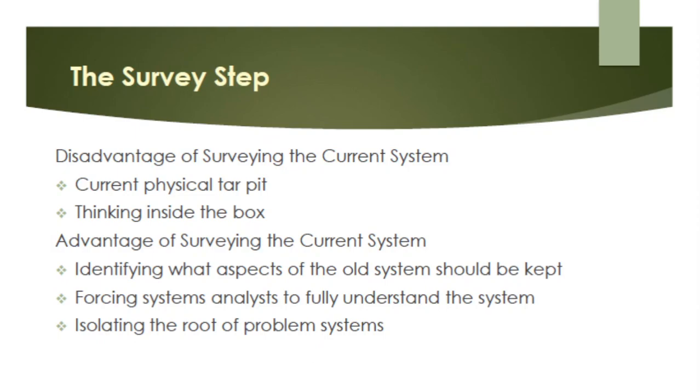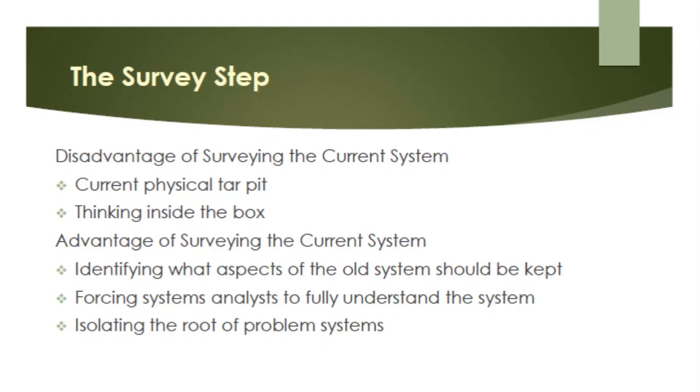Surveying the current system has both advantages and disadvantages. The first disadvantage, as mentioned in the slide, is the current physical tar pit. This term describes the tendency of the analyst to be sucked in and then bogged down by the task of surveying the current dinosaur system. The second disadvantage is thinking inside the box.